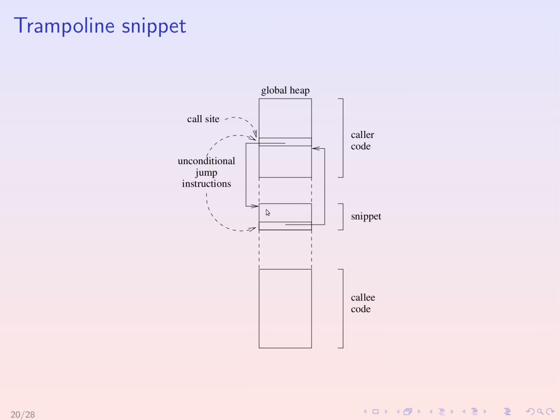And there's some code in the snippet that typically, but not necessarily, calls the main body of the callee and then returns back here, and finally the snippet ends with an unconditional jump instruction that goes back right to the instruction following the first one.